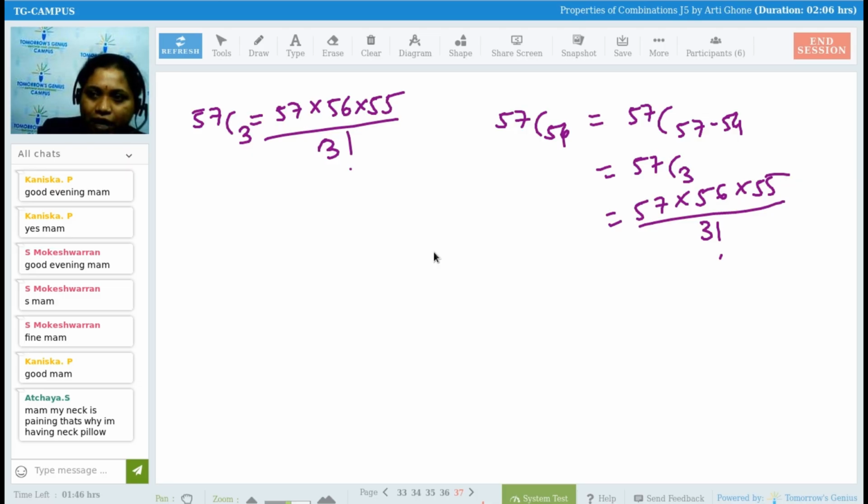Everyone ready for 19C2? Do it quickly with this method, 19C2.